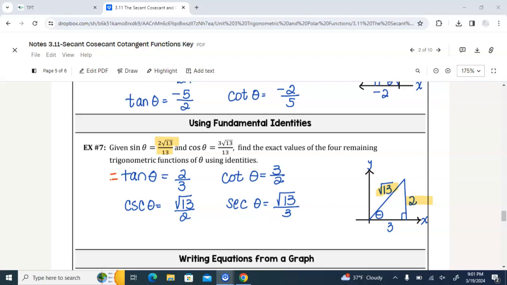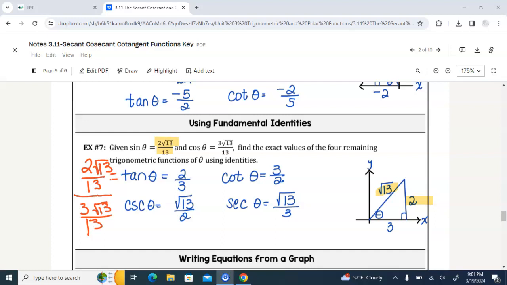So I would have done 2 root 13 over 13, that's my sine, over my cosine, which is 3 root 13 over 13. That's how I would have set it up, and then I would have multiplied by my reciprocals.